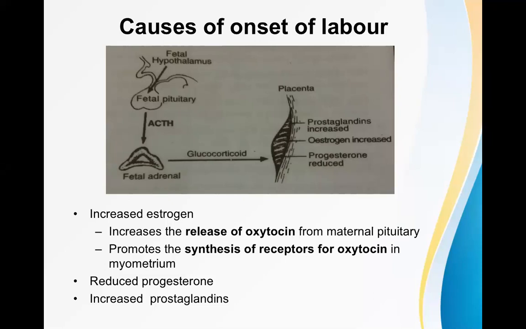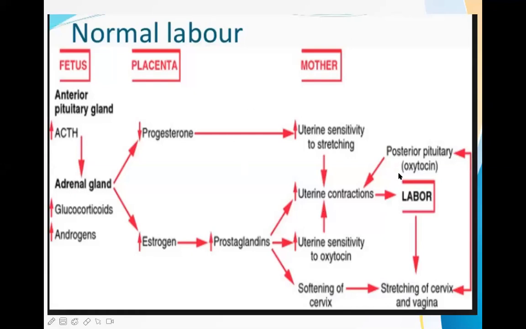Now the same thing which we talked, let's repeat once again. See there, because this is a very important concept. All the students should know about this. See, there's fetus. ACTH is coming from the anterior pituitary gland. It acts on the adrenal gland, and then increased glucocorticoids will be secreted. A bit of androgen is also increasingly formed.